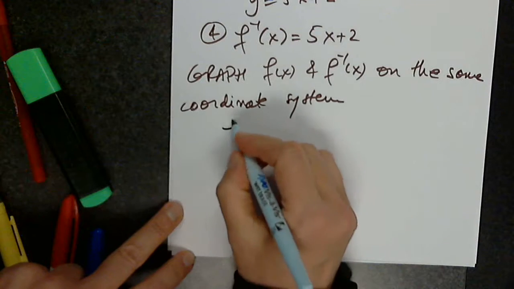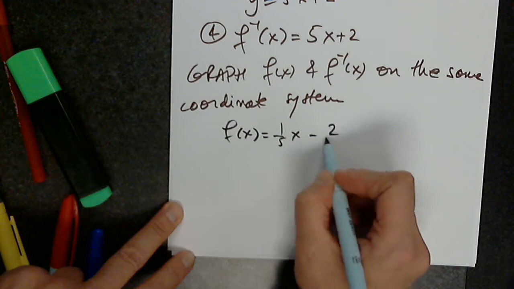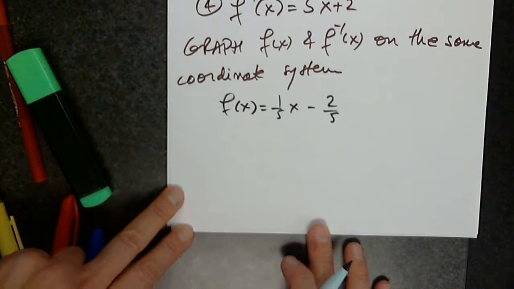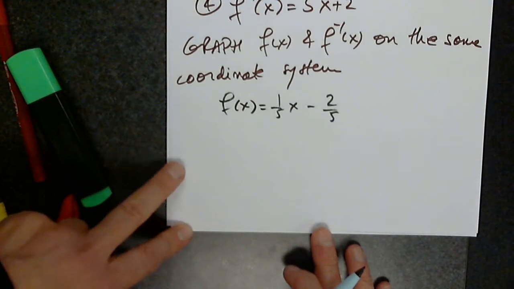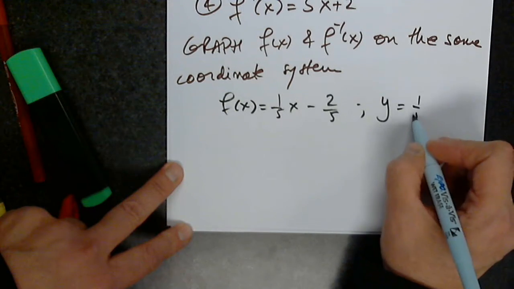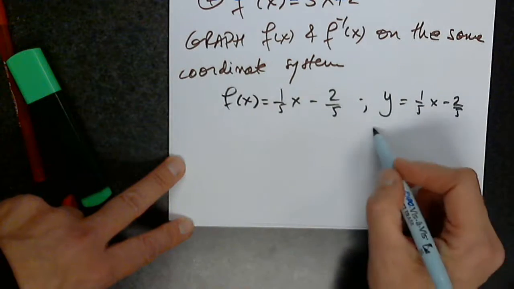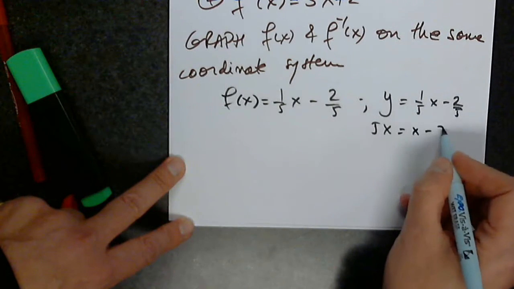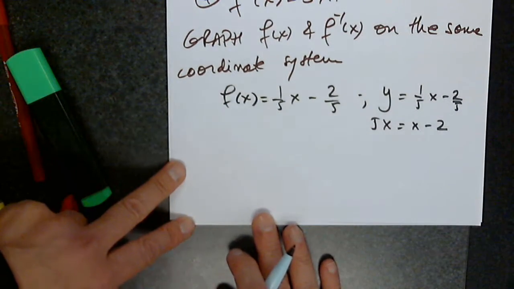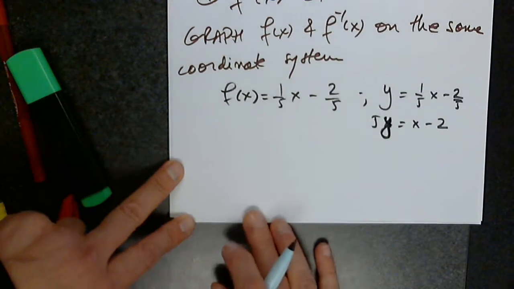Good. So f of x was 1/5 x minus 2/5. Or if it's better, y equals 1/5 x minus 2/5, and I will multiply both sides by 5. So then 5y equals x minus 2.